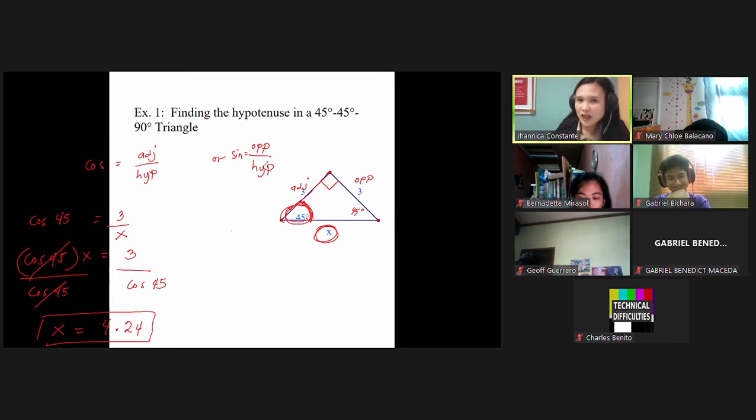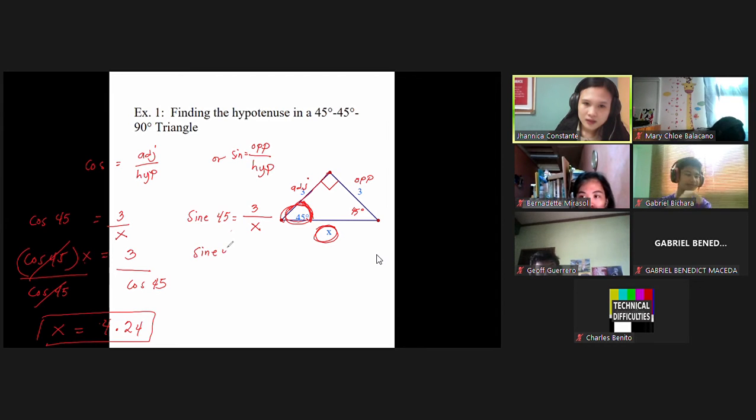So let's try using the sine. So sine 45 degrees equals the opposite, which is 3, and the hypotenuse, which stands for the x. So sine 45 times x, cross multiply, we have sine 45 times x equals 3.